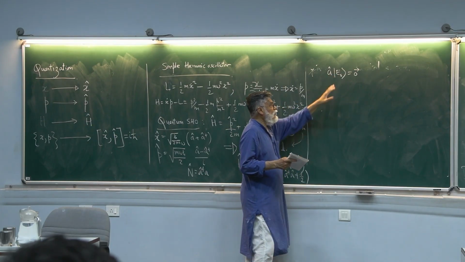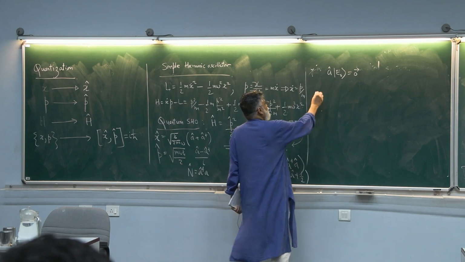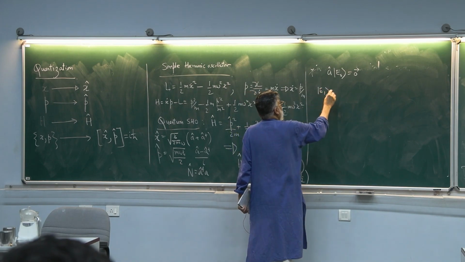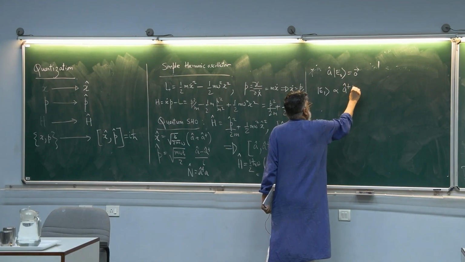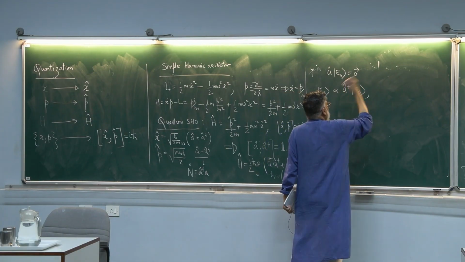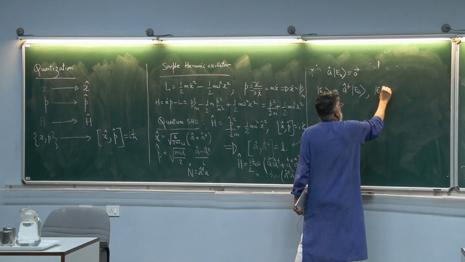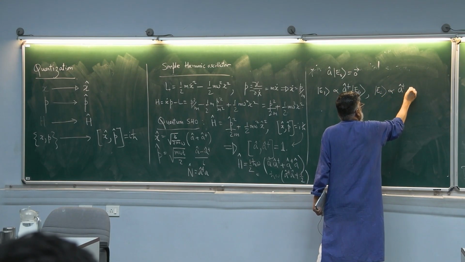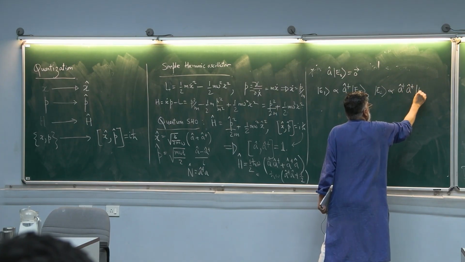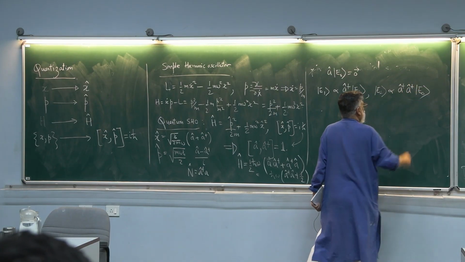And then you can show that the next energy eigenstate E1 is proportional to A dagger acting on E0. Then thereafter E2 is proportional to A dagger squared acting on E0, and so on.